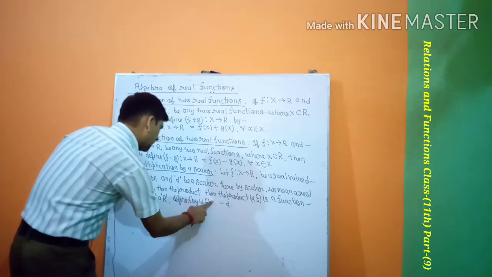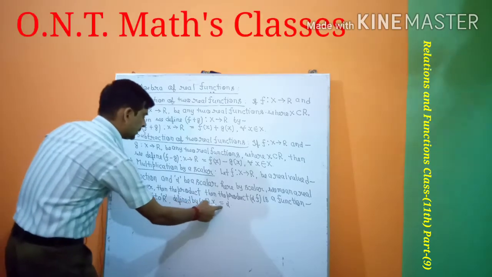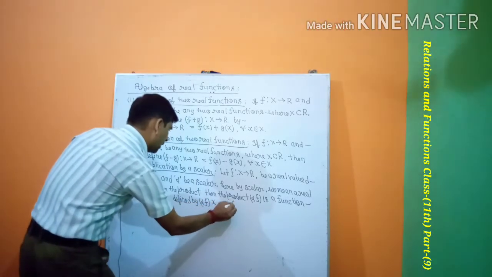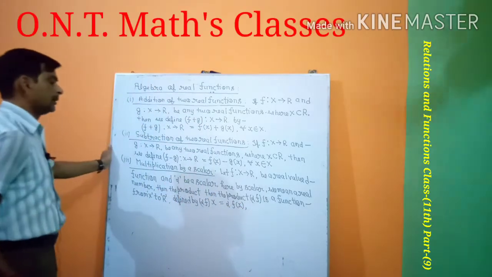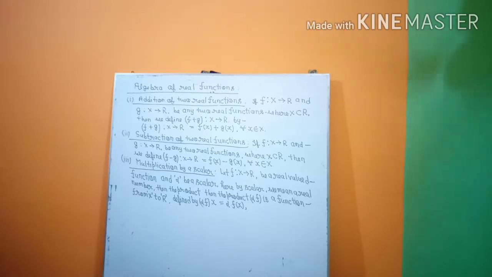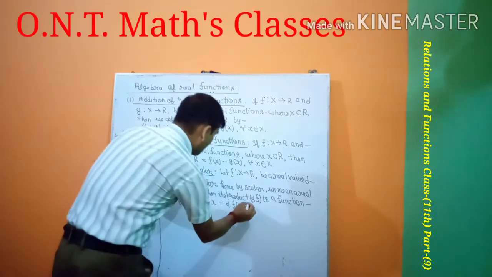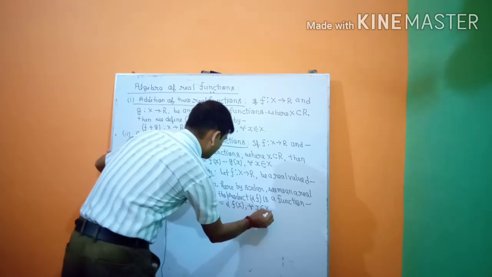Here write small x. (alpha f)(x) = alpha into f(x) for all x belongs to capital X.